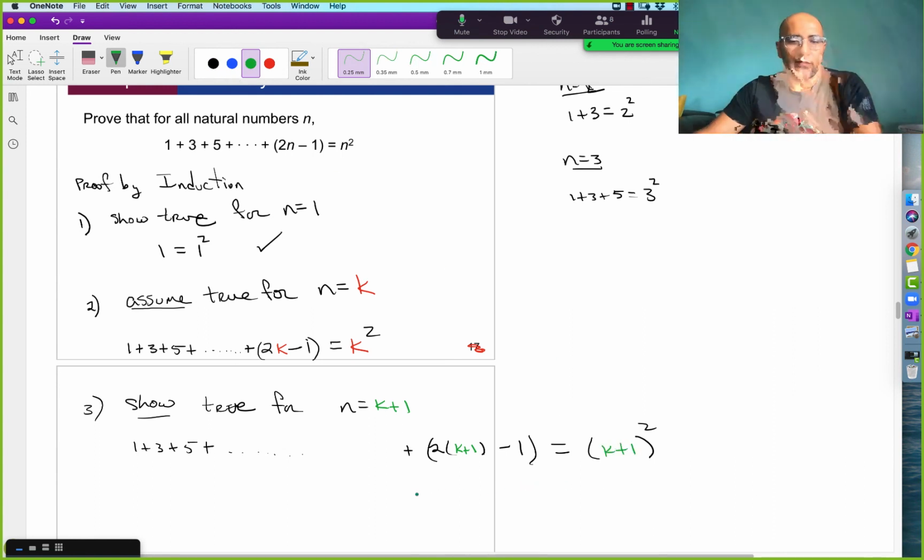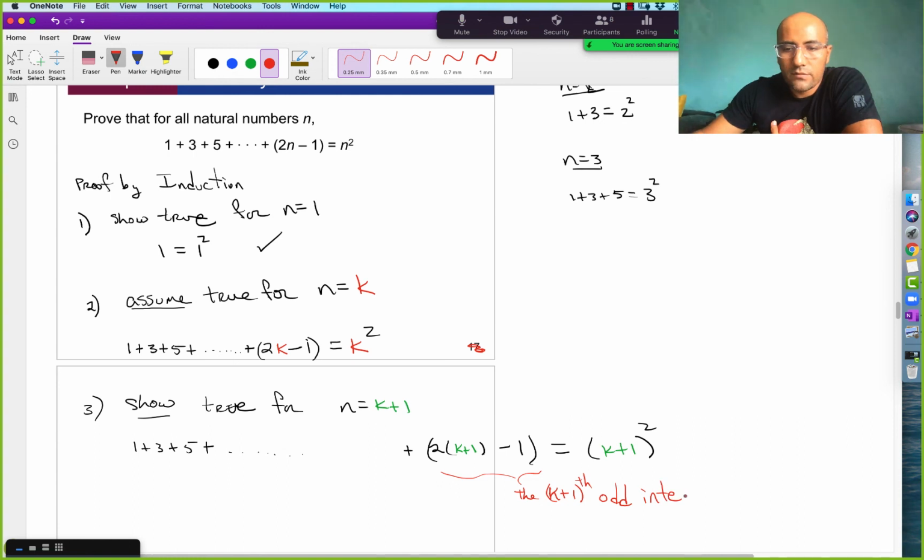Okay, everyone's clear so far? So the trick, the important part here, is to notice that if this is the k plus 1th odd integer, what's the one that comes right before it? Well, it's just the kth integer.